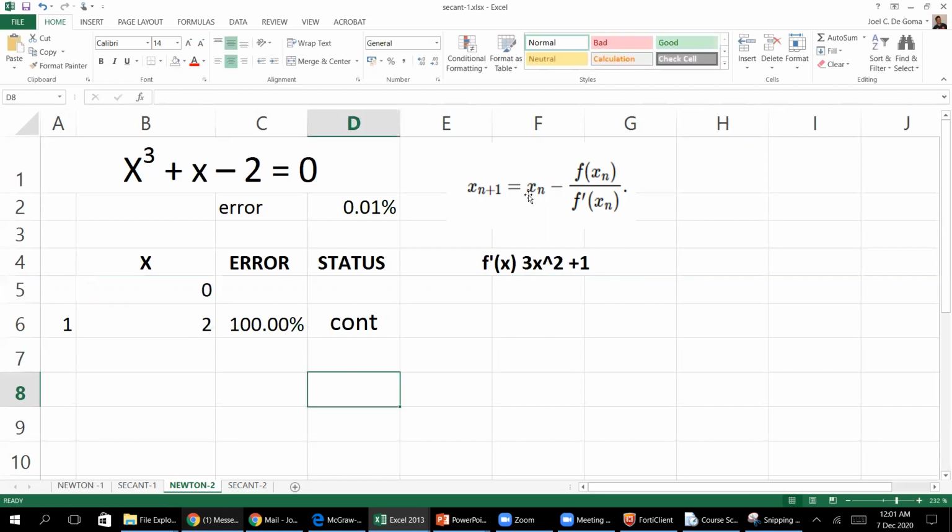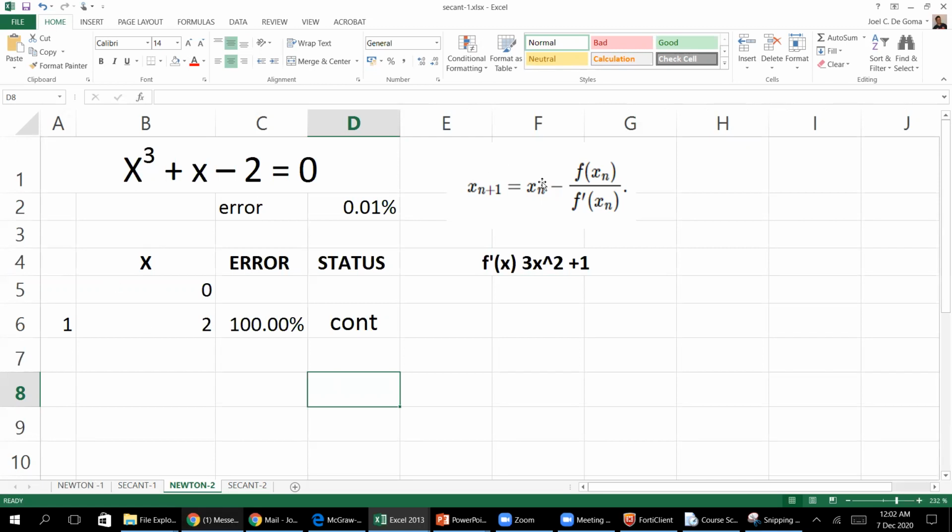So substitute to our equation: 0 minus 0 cubed plus 0 minus 2 all over 3 times 0 squared plus 1. So the answer will be 2. Tama? Kasi 0 minus negative 2 all over 1, which is 2.